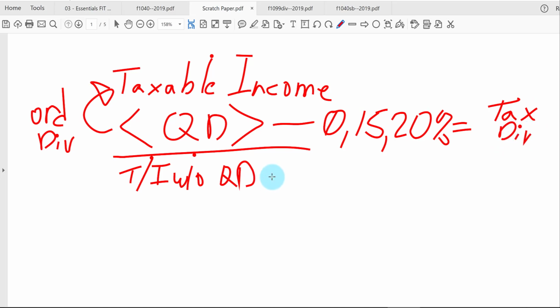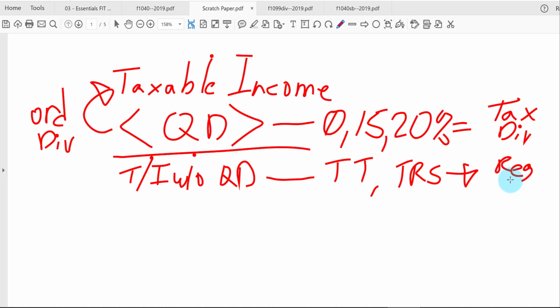And then the rest of the income in this taxable income without qualified dividend, we're going to tax the same way that we learned back in chapter 2, either using the tax table or the tax rate schedule, to figure out what we call regular tax. Then we add up the two amounts of taxes to get the total tax for the year, the tax liability.